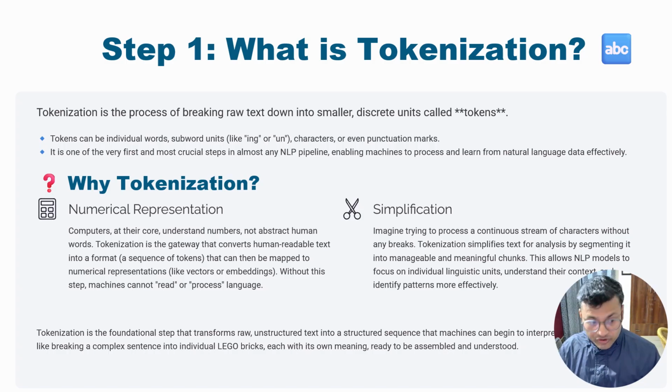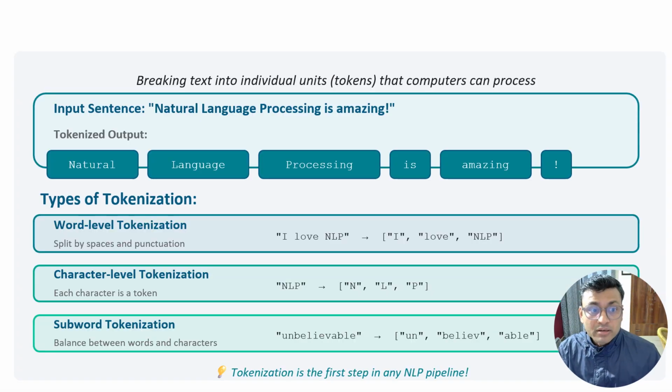After all, tokenization is the foundational step that transforms raw unstructured text or data into a structured sequence that machines can understand before they interpret and produce the output of complex sentences. That is what it is. Now let's go to the next foundation pillar.